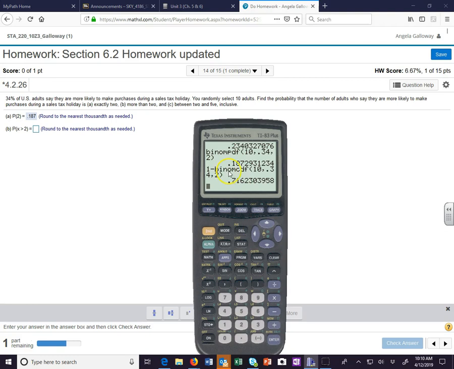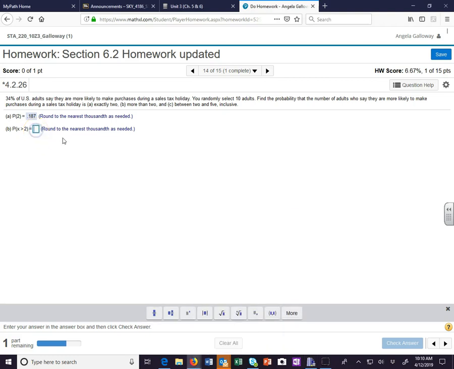The binomial CDF of 10, 0.34, and 2 is the probability of 0, 1, or 2. If we want the probability of 3 or more, we just subtract from 1 using our complement rule. So we would get 0.716.